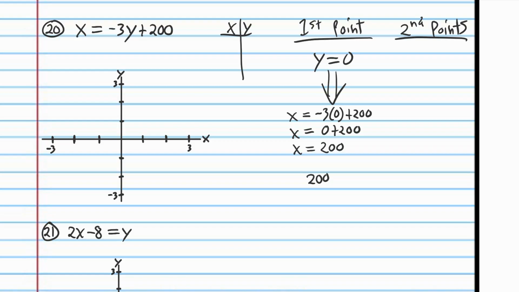But don't confuse your x and y value when you write these ordered pairs, though. The x always goes first. 200 would be there, and I have to change my scale again.